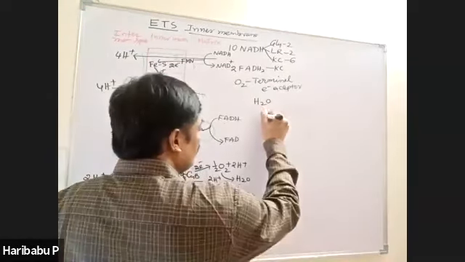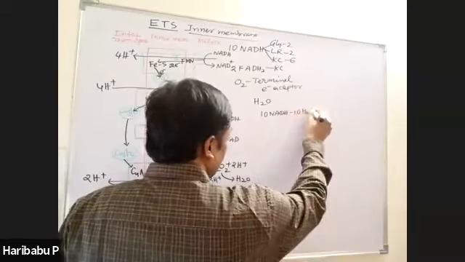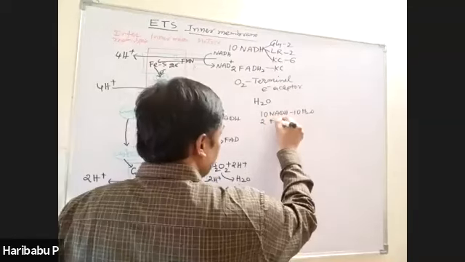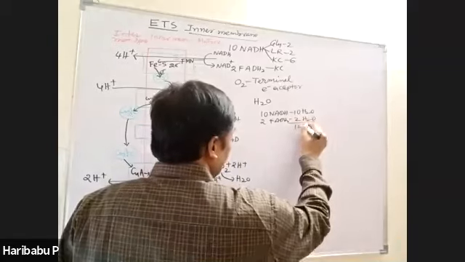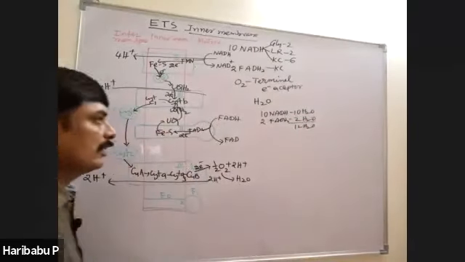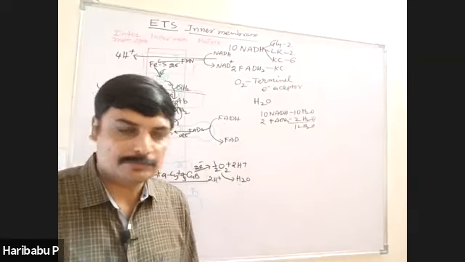That means 10 NADH give 10 water molecules, and 2 FADH2 give 2 water molecules, so a total of 12 water molecules are generated.